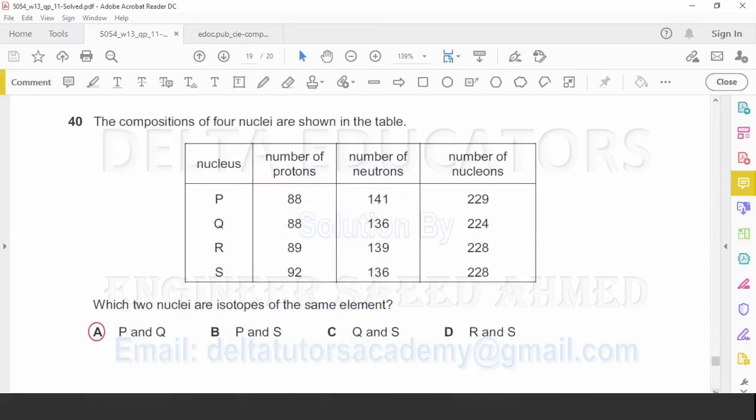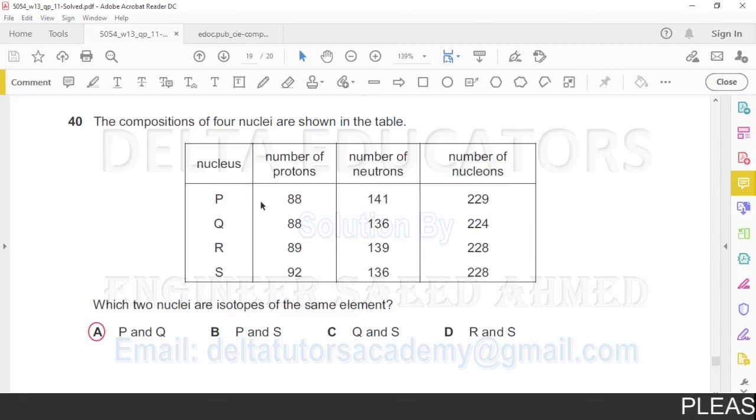Question number 40. The composition of 4 nuclei are shown in the table. Here we have 4 nucleus P, Q, R and S, and here number of proton, number of neutron and number of nucleons are given. Which two nuclei are isotopes of the same element? What is meant by isotope? Isotope means same proton number but different neutron number.